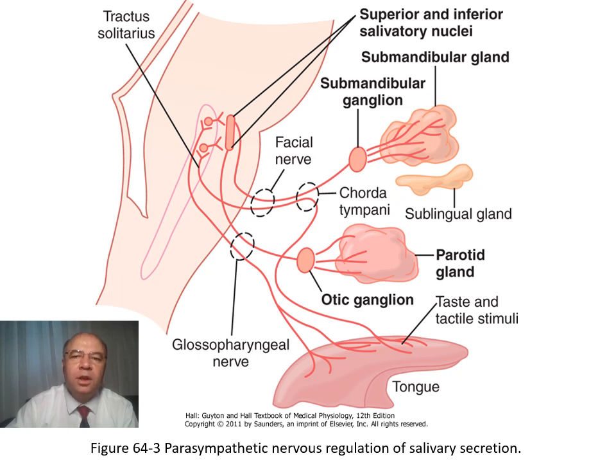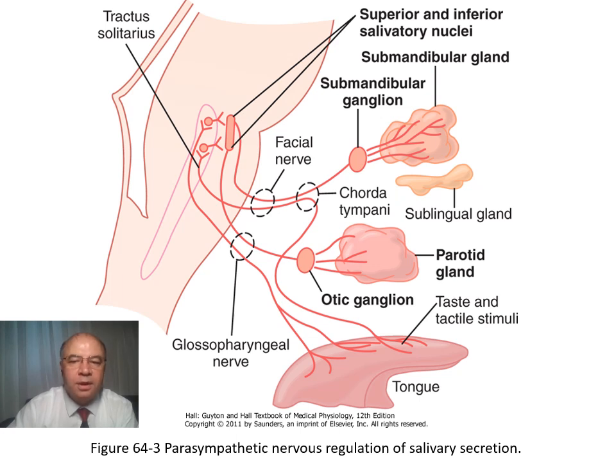You can see superior and inferior salivary nuclei send signals to the submandibular gland via the facial nerve, and as you see here, we have the glossopharyngeal nerve innervating the parotid gland and the tongue.